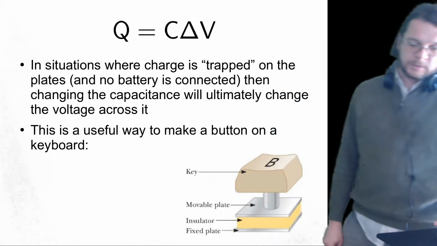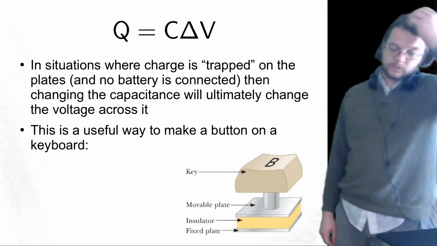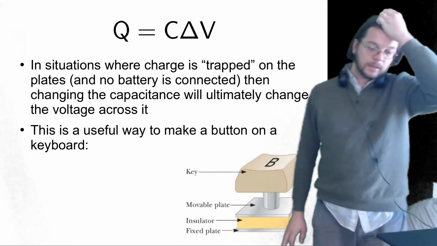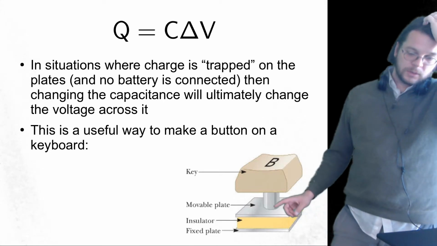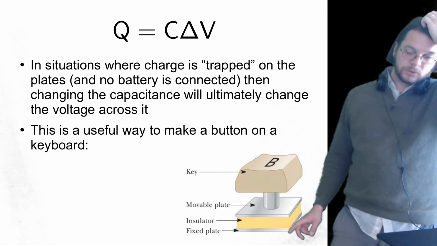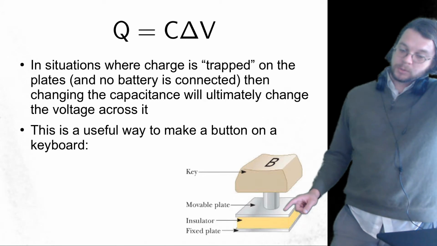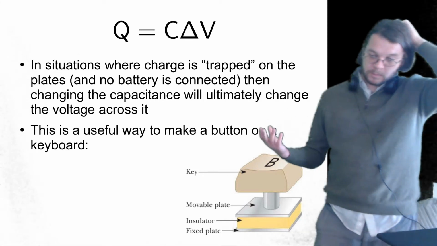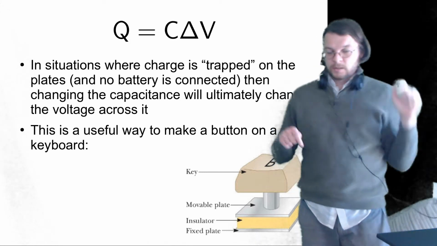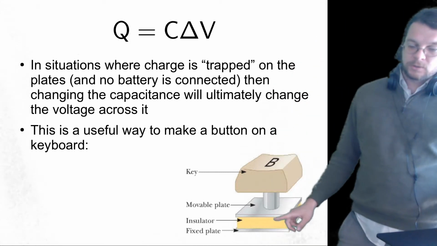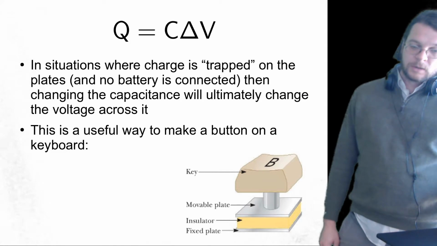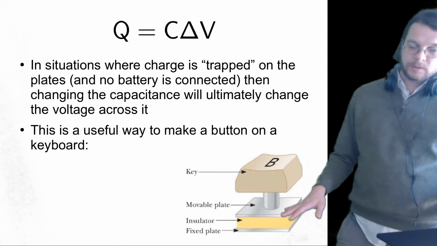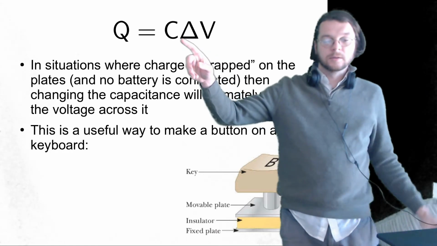This is a little bit similar to how an old school keyboard works. I'm told that modern keyboards do not work this way. But basically, if you have an ability to measure the voltage across this thing, and you can trap charge on this plate and on this plate, and in between the two put an insulator, maybe like foam rubber, and then you push down on the button, well, if you can measure the voltage difference across these, this is changing the shape of the capacitor, so that actually does change the capacitance.